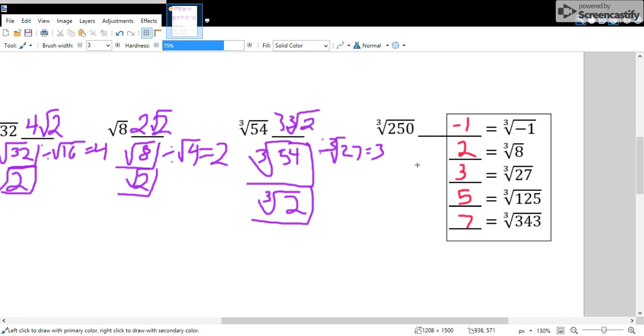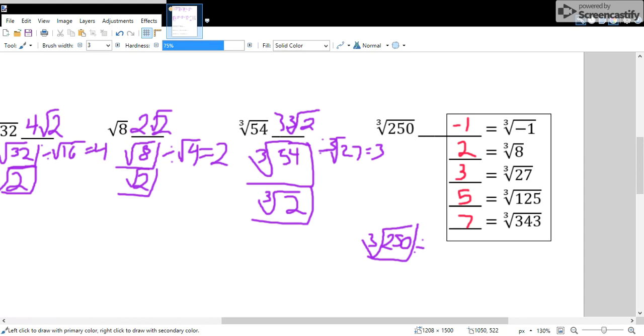And let's look at the last one, the cube root of 250. It's not negative, so we can't divide by -1. Let's see if 8 goes into that number. 250 divided by 8. That's a decimal.